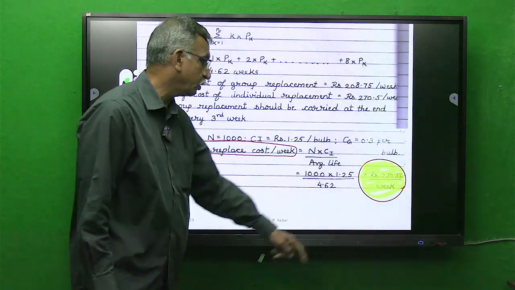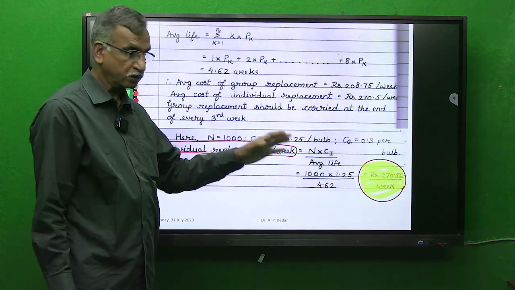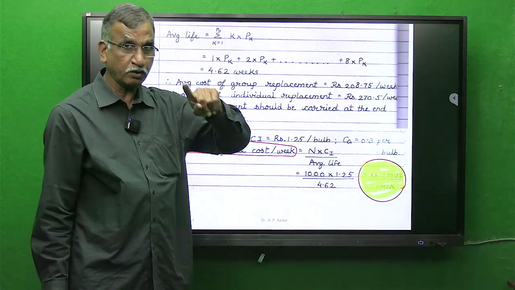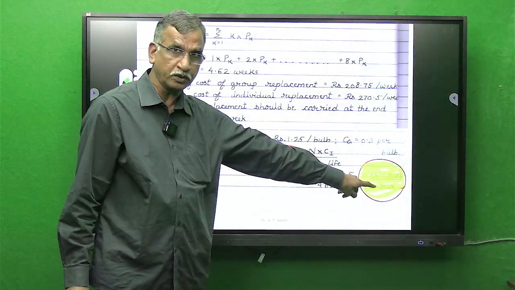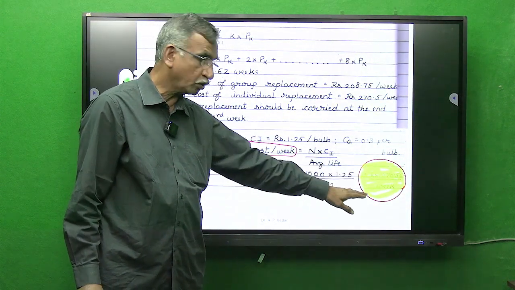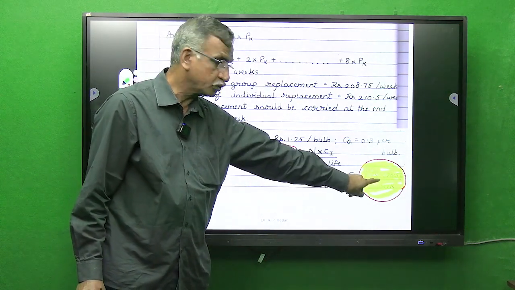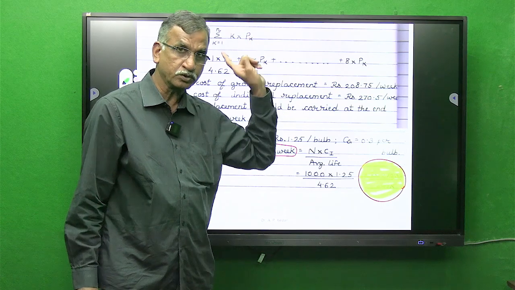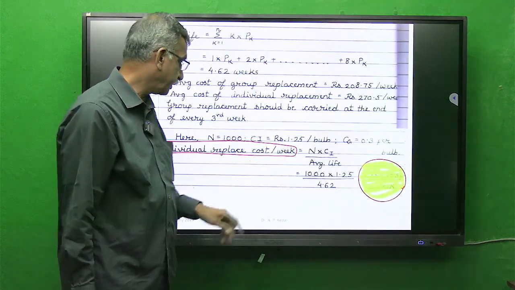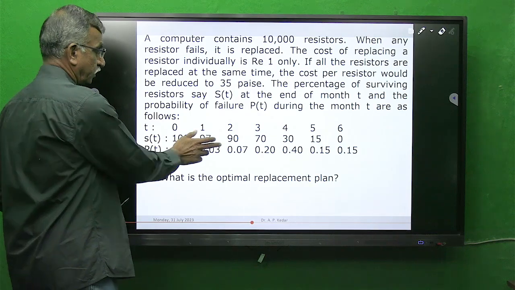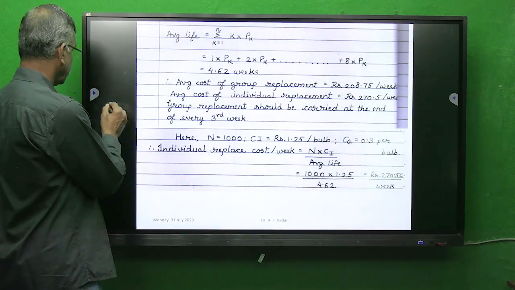If you recall the previous calculation, it was rupees 208. So compare the 208 of group replacement with the 270 of individual replacement. That cost was less. So again, our answer will be to go for group replacement.